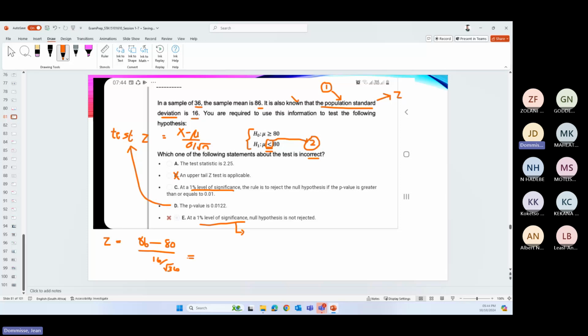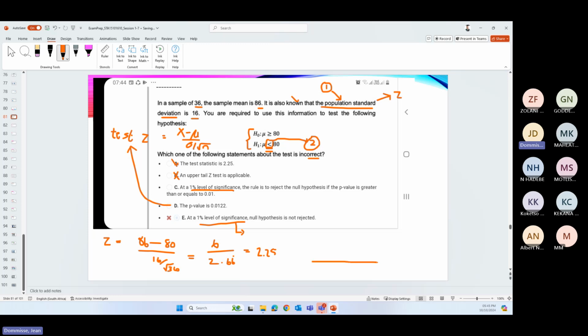So that is going to be 6, and 16 divided by 6 is around 2.66 continuous. Okay, so the Z value is 2.25. So that is correct.